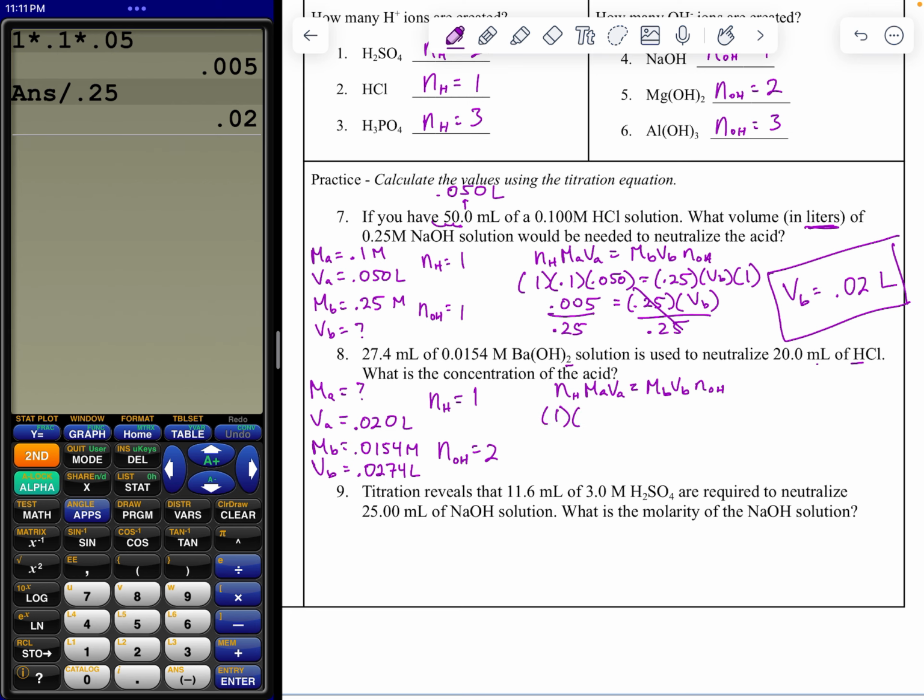But as long as you know which side is which, it really doesn't matter. 1, we do not know the molarity of the acid. We do know the volume of the acid, 0.02. And then we have the molarity of the base, which is 0.0154. The volume of the base is 0.0274. And the number of hydroxide ions that will be formed in solution is 2.